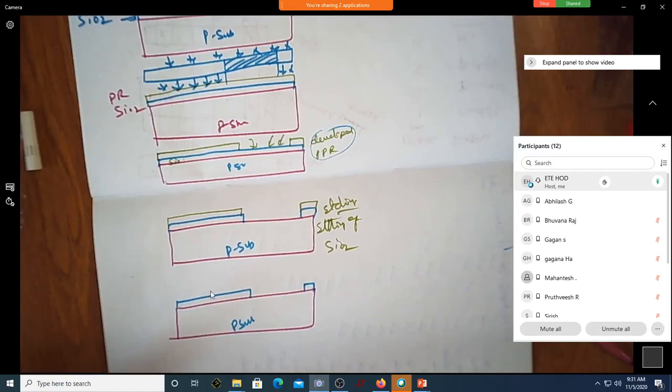When you etch out this photoresist, this is what you have. Your SiO2 is not exposed to any more chemicals, so that it will not get damaged. Whenever you want to protect SiO2, you put a PR so that it is not coming in contact with that particular chemical solution.